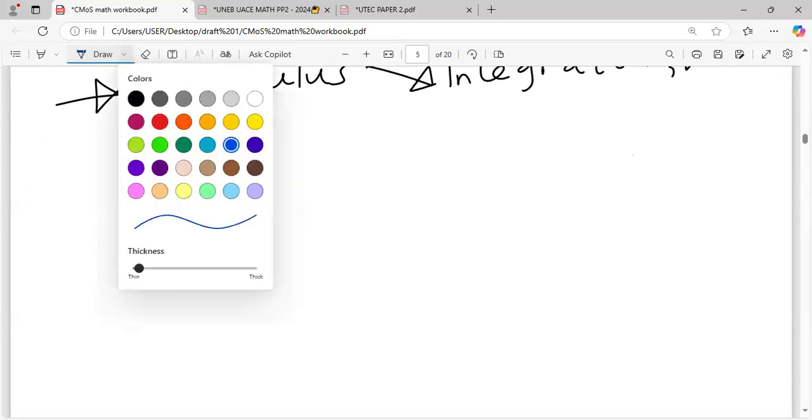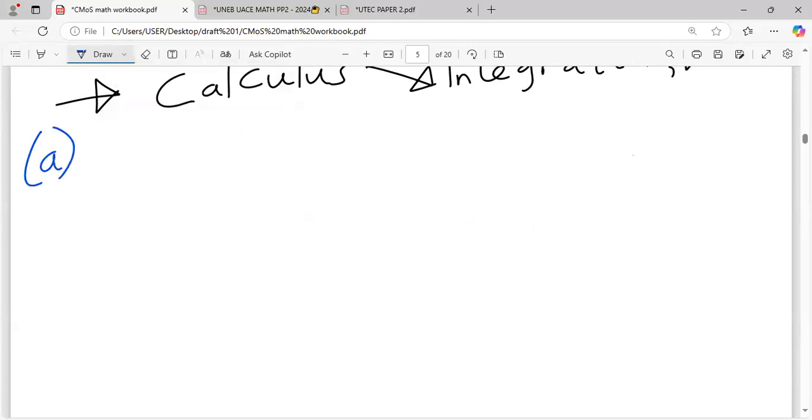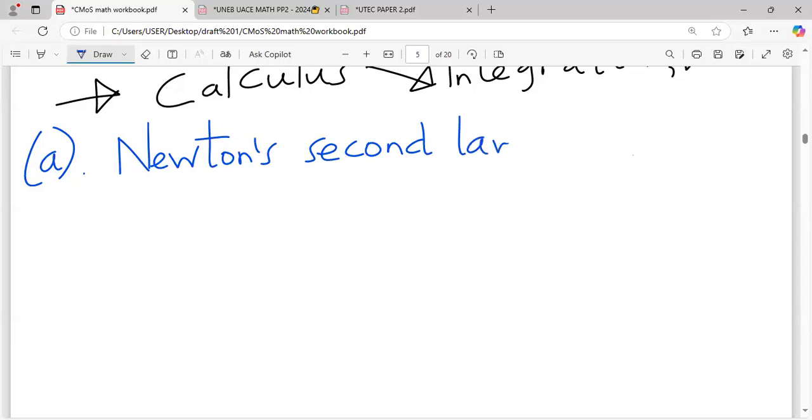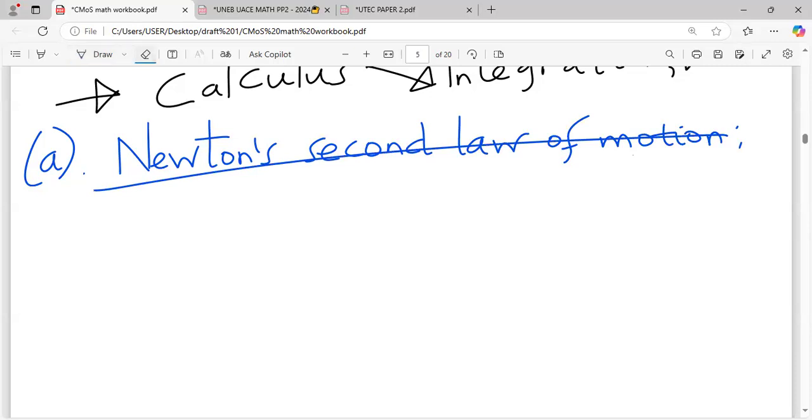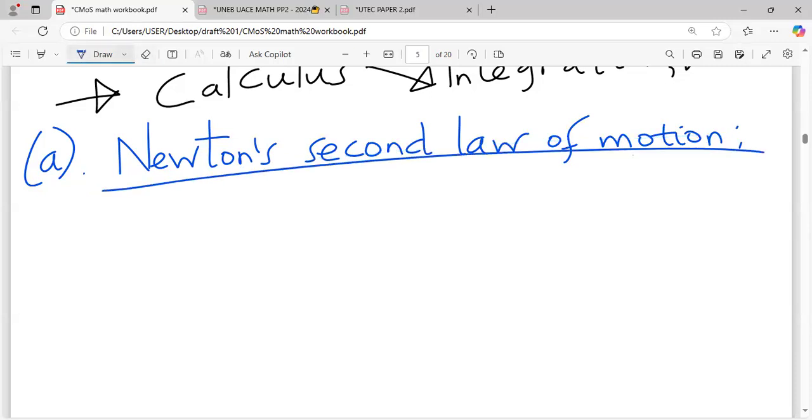For Newton's second law of motion, physics students, you know. What does it say?